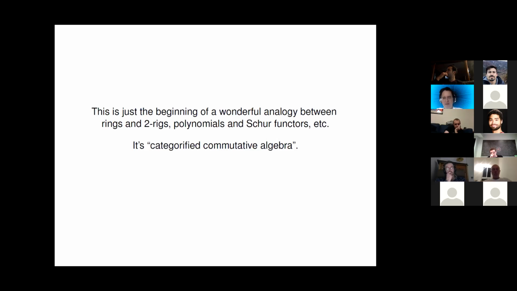Now I want to have it be a category. So I'll try this new stuff. And when you do that, you run into some familiar things, familiar to some people anyway, like Schur functors, and hopefully also some unfamiliar things. Okay, I think that's it. I think I'll quit here.